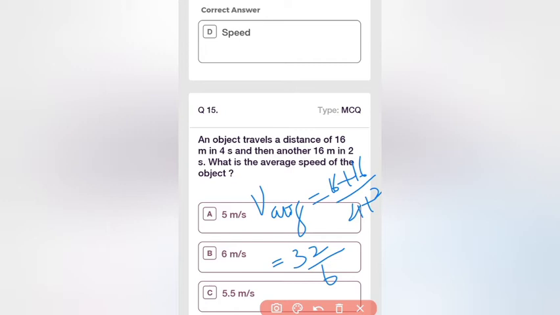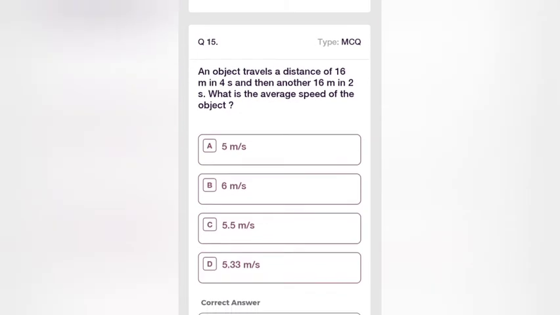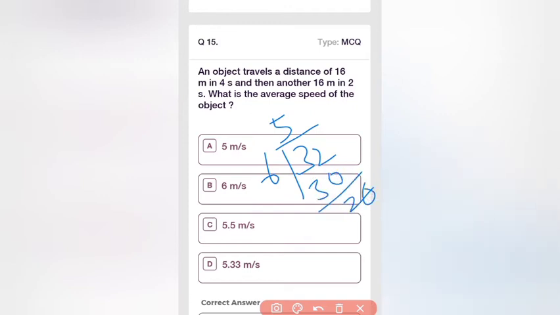When you divide, 6 5s are 30, so therefore 5. So it must be either 5 meter per second, or 5.5 meter per second, or 5.33 meter per second. When we divide 32 by 6, 3 3s are, okay, so therefore it is 5.33 meter per second. Option D is the correct answer.